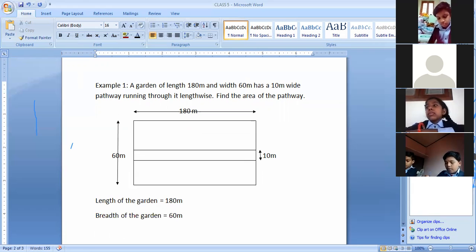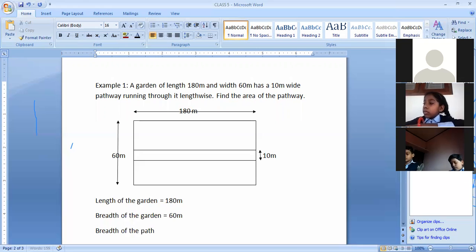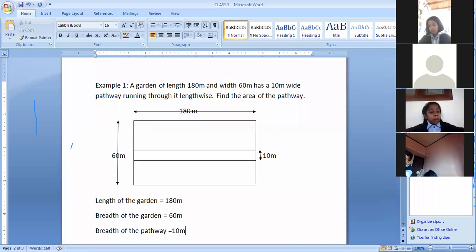That means, what is this 10 meter? That is the breadth of the pathway. Then find the area of the pathway. So, do we need to find the area of the garden?